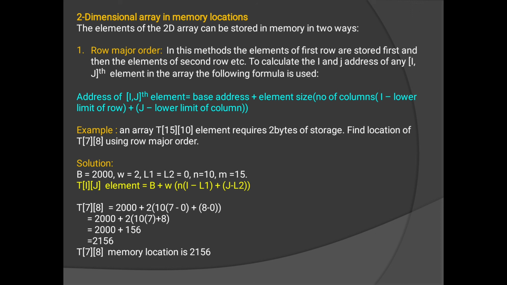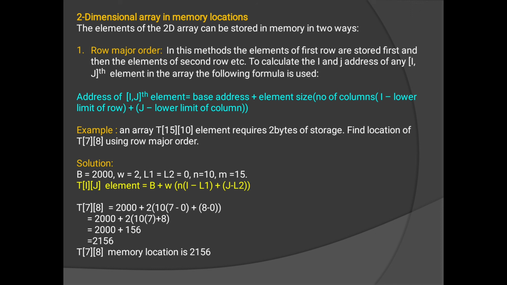L1 and L2, the lower limit of row and the lower limit of column, are 0, which means they start from the first element 0,0. Here n is the length of the row format, that is 10, and m stands for the column count.